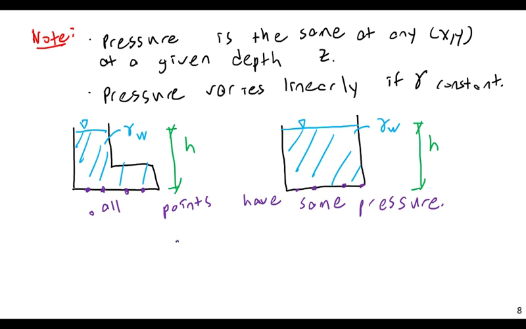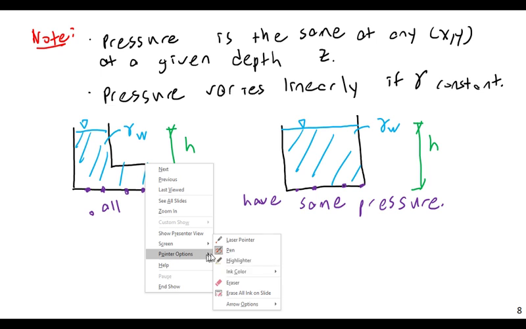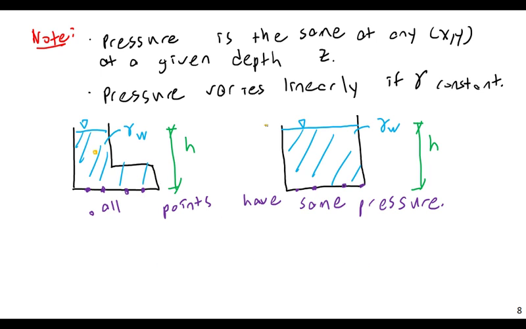It's not that intuitive that they all have the same pressure, but it turns out they actually do. And if I had something like this, two points inside the column would also have the same pressure. So a point here and a point here also have the same pressure.